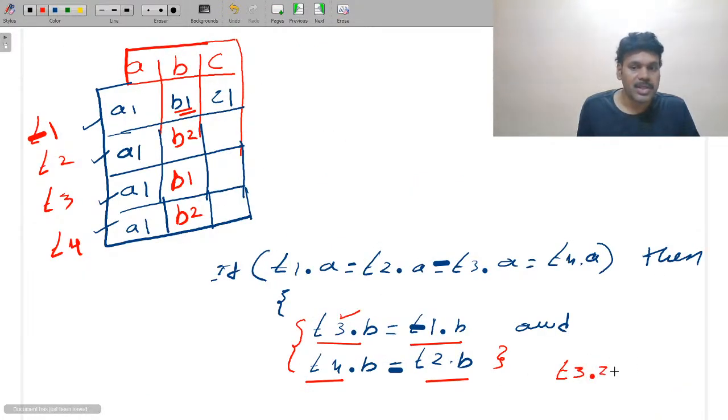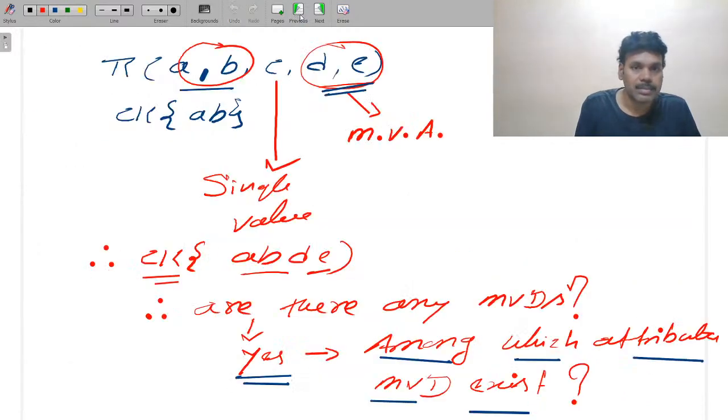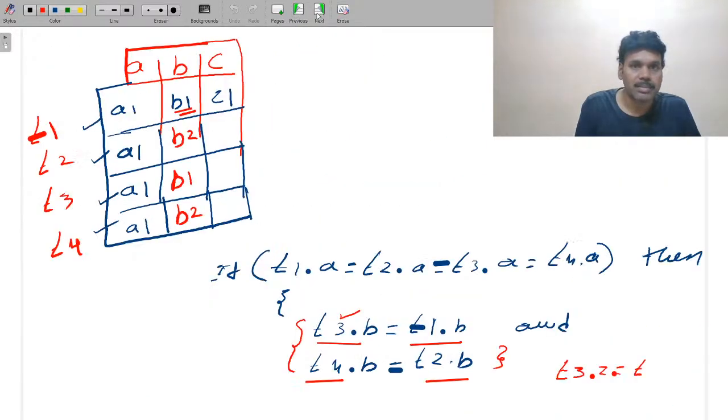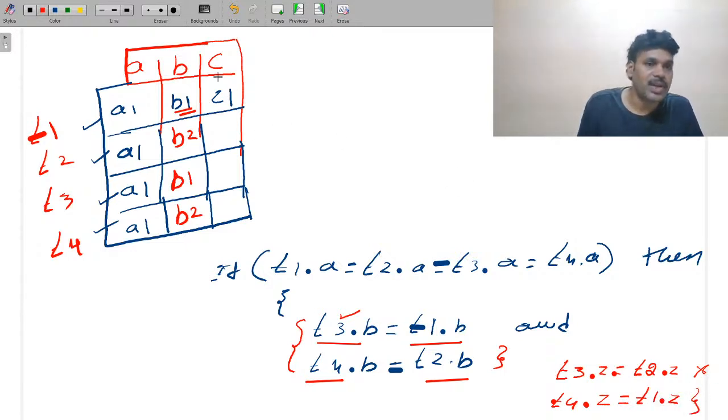T3 dot Z is equal to T2 dot Z, and one more is also there: T4 dot Z is equal to T1 dot Z. So you need to form the value in such a way that it is going to be accepted. If all are satisfied, then we will accept.